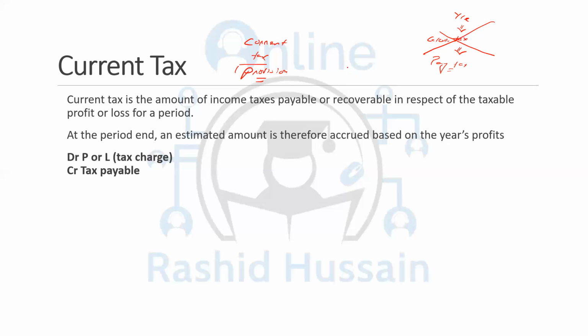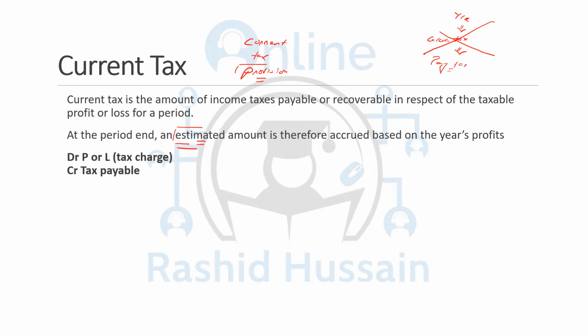So when the taxation authority requires the company to pay the tax in advance, that means you need to estimate your tax, because they are not waiting for the year end, for the profits to be calculated and then for you to calculate the tax. They're just requiring you to pay the tax in advance.